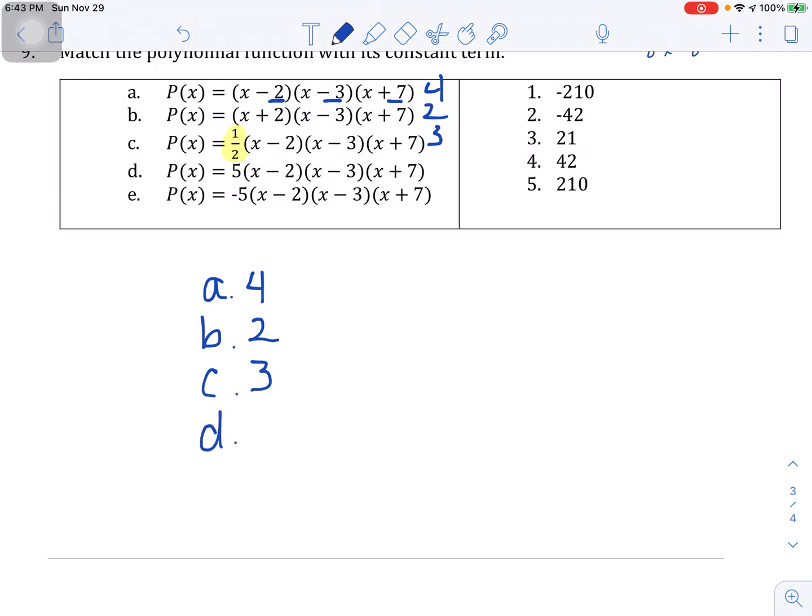Letter D, we have 5 out here in front, so now I have to include that times the negative 2 times the negative 3 times the positive 7. And so that's going to be 5 times 42, which is 210. So D is 5. And E is going to be negative 210, so that's going to be 1.